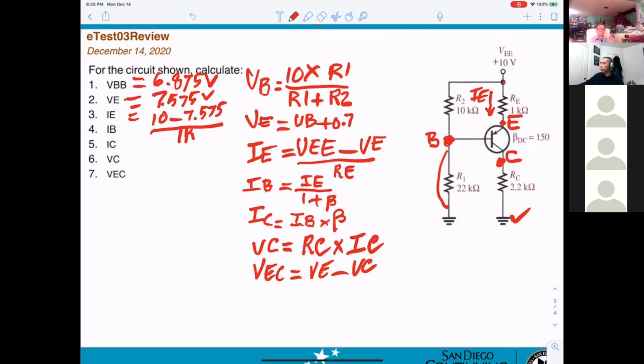VC is 5.28 volts. VEC is 2.295 volts. Okay.